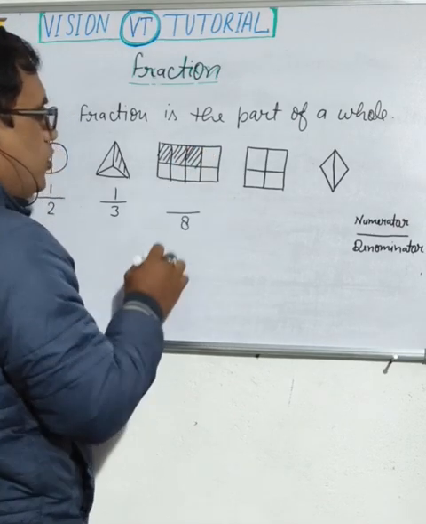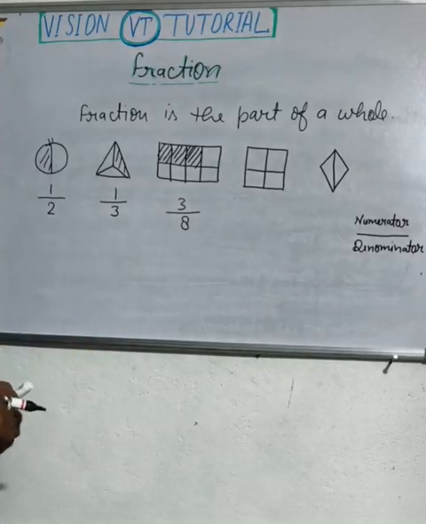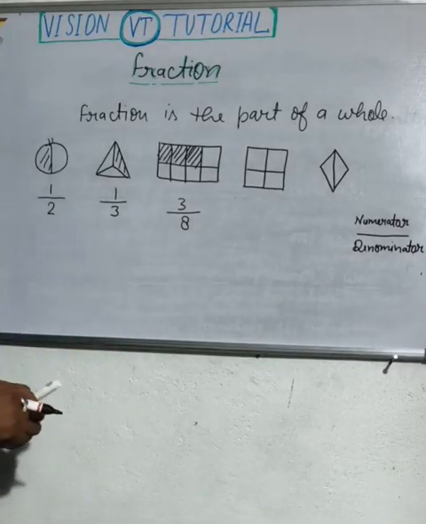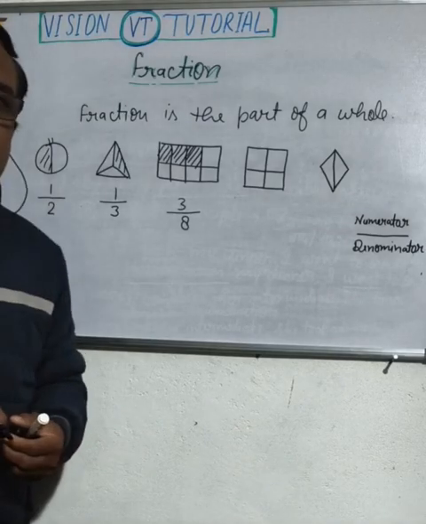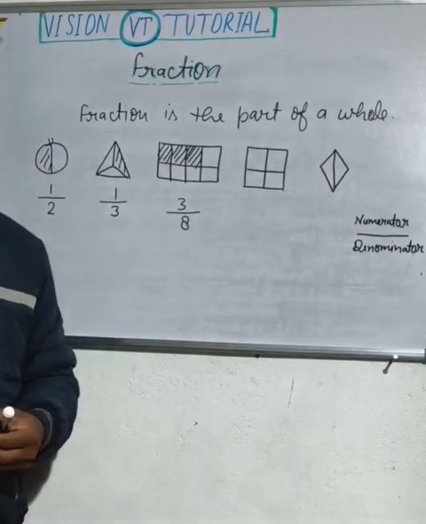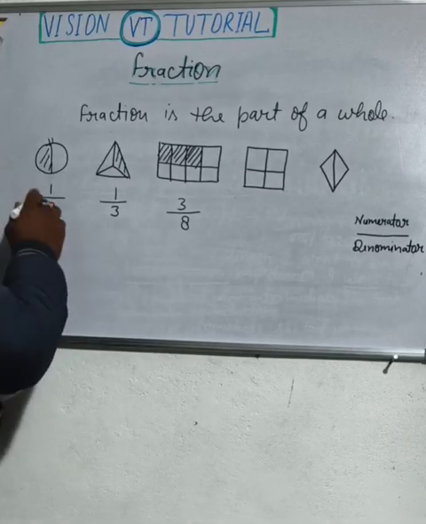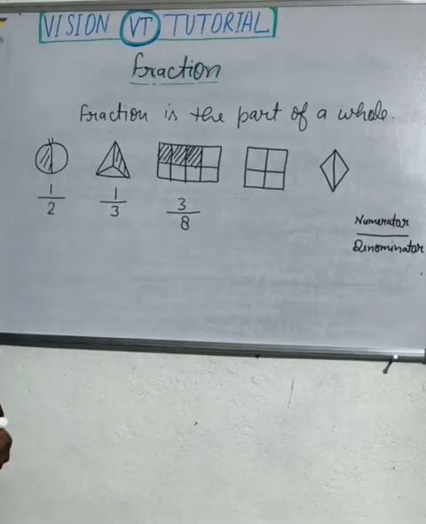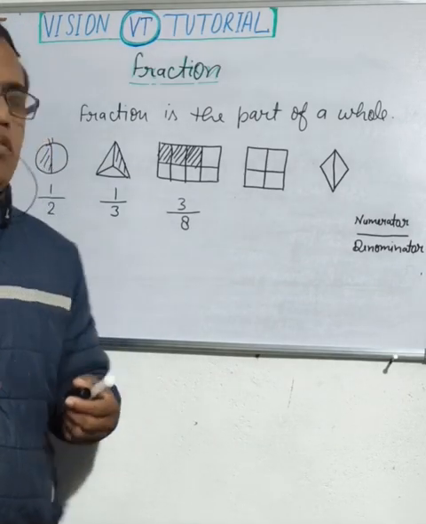So the shaded portion will be 3 upon 8. If I have taken 4, it will be 4 upon 8. If I have taken 5, it will be 5 upon 8. If I have taken 8 out of 8, it will be 8 upon 8. And if your numerator and denominator both are the same, that will be known as whole.